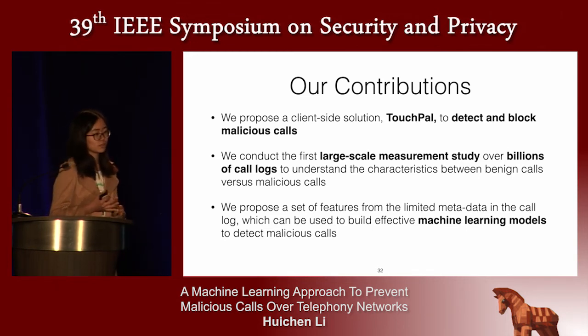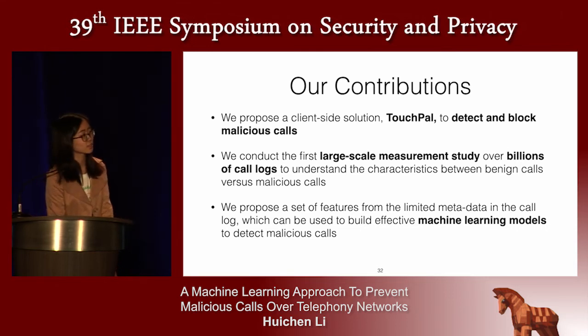For example, some people will post that this number has called unwanted calls to them. We have combined all this information to make sure the label set is as complete as possible. Does this answer your question? Yes, thank you.